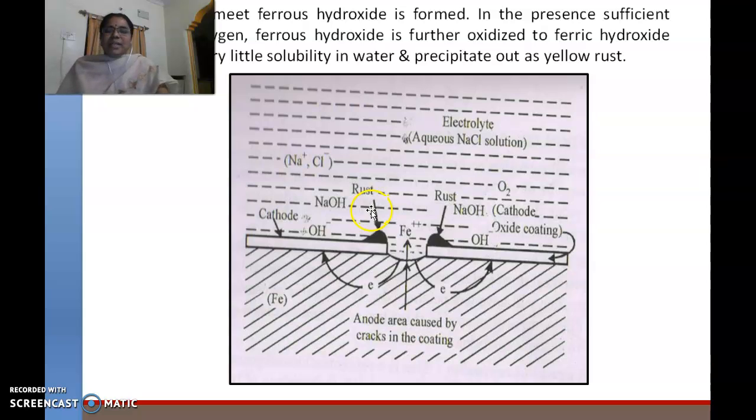Right? So here in this case, oxygen absorption, the corrosion rate will be very high when compared with the hydrogen evolution type. So why? Because this is the large cathode and this is the small anode. The anodic part should always lose electrons.